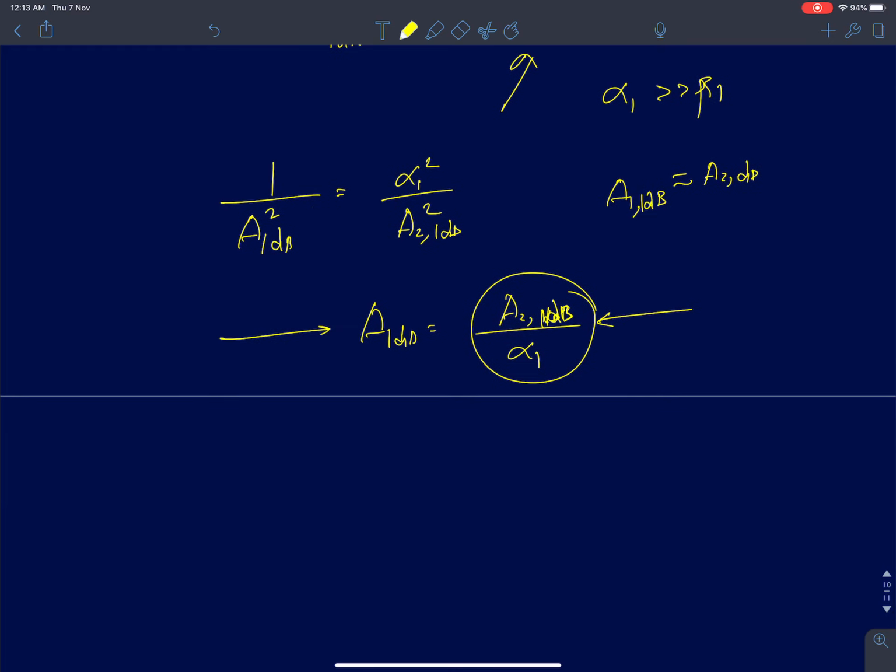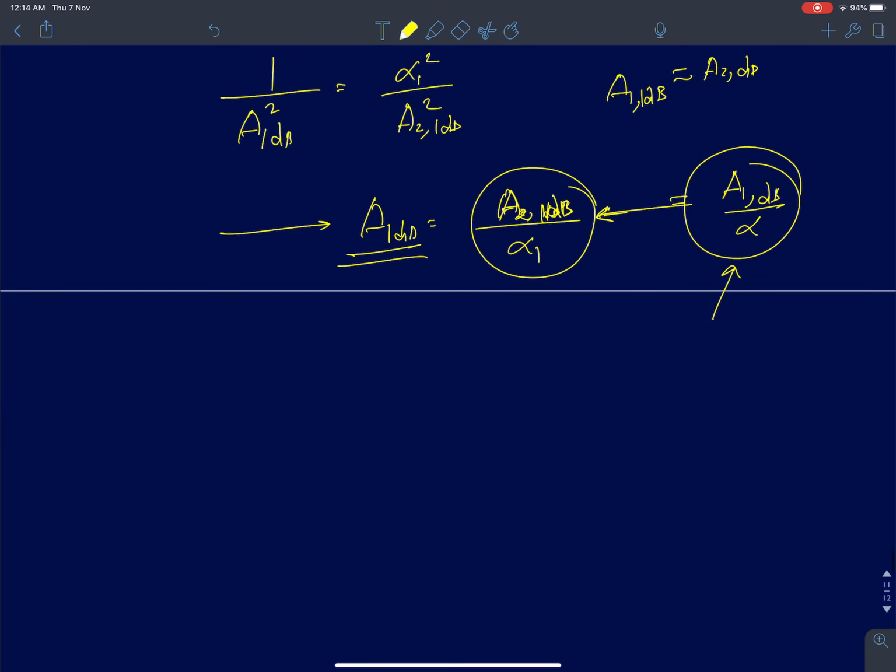So if you cascade amplifiers, the overall nonlinear 1 dB compression point will obviously be smaller than the lowest one. This is a given result, you can take that. So it's going to be approximately A2 1 dB, which was approximately equal to A1 1 dB by alpha. So now if you see, it's significantly reduced.